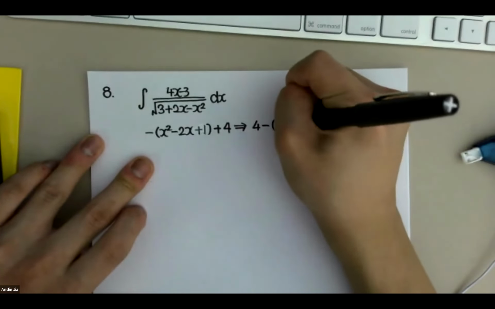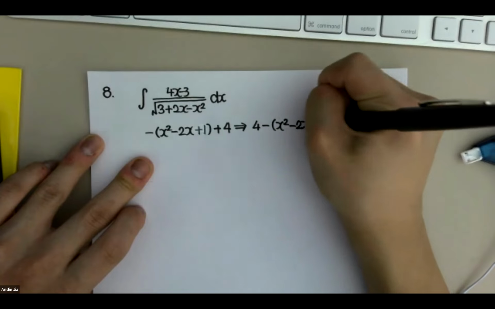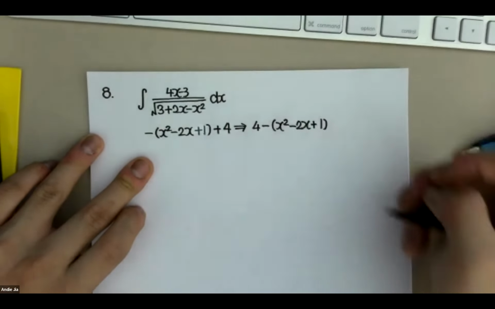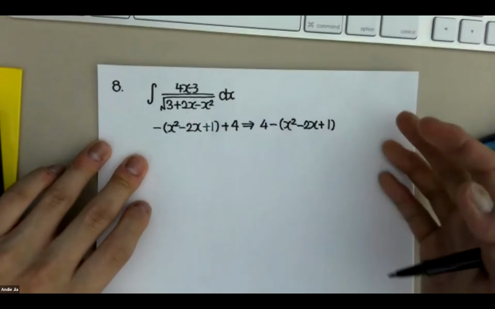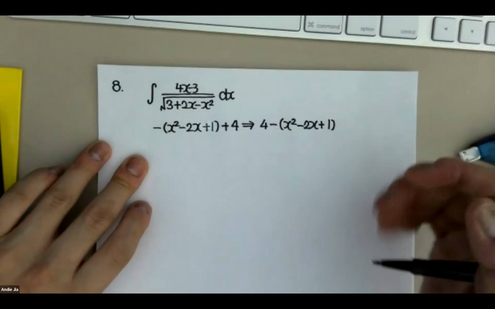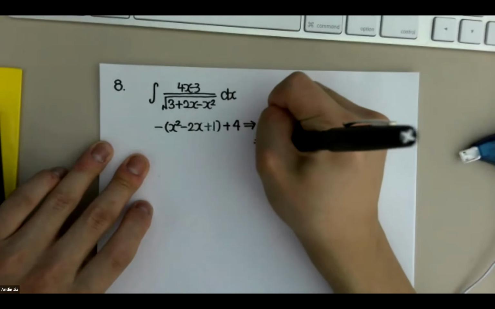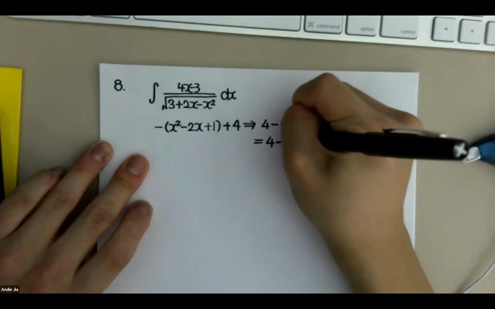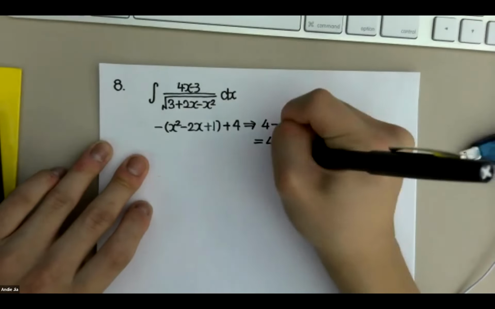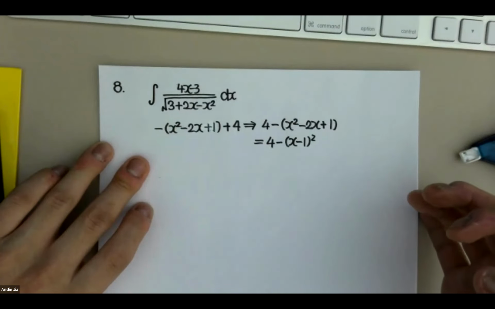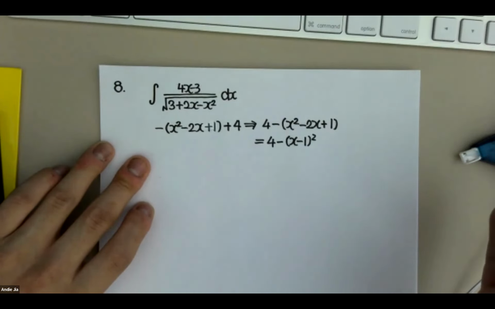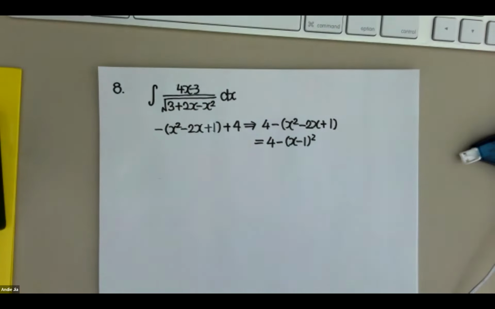We get x squared minus 2x plus 1, and what we will get is 4 minus x minus 1 squared. This is a squared minus x squared. So we let x minus 1 equal 2 sine of theta.